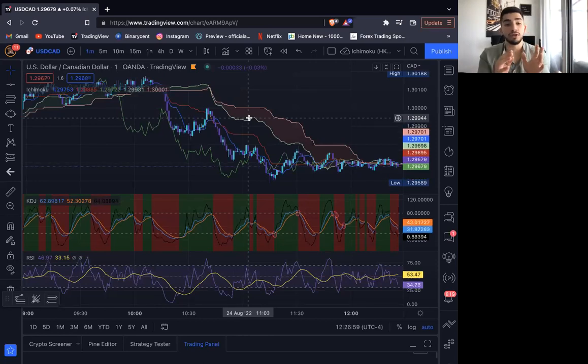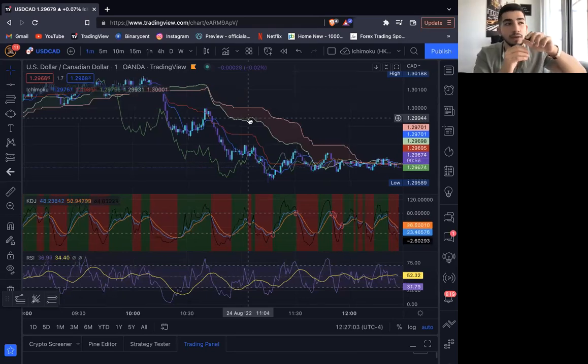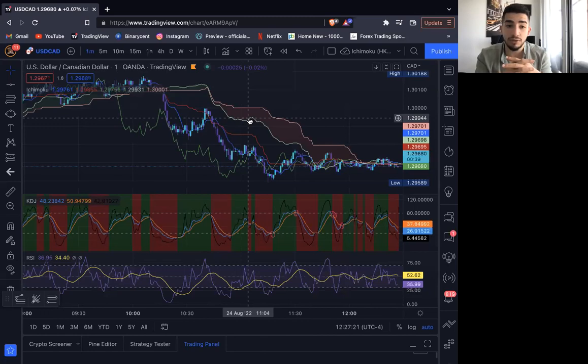Now, of course, you cannot add 10 indicators in a row and just wait for all of them to make sense and take a trade. That's not what I mean. The combinations I give you guys are perfectly matched. Meaning, I give you a sentiment indicator, a ranging indicator, and a trigger indicator.